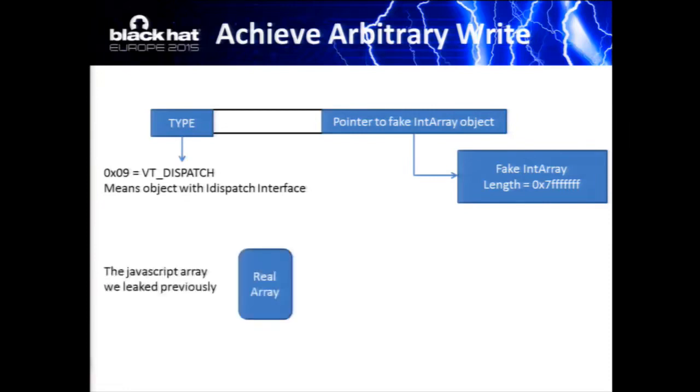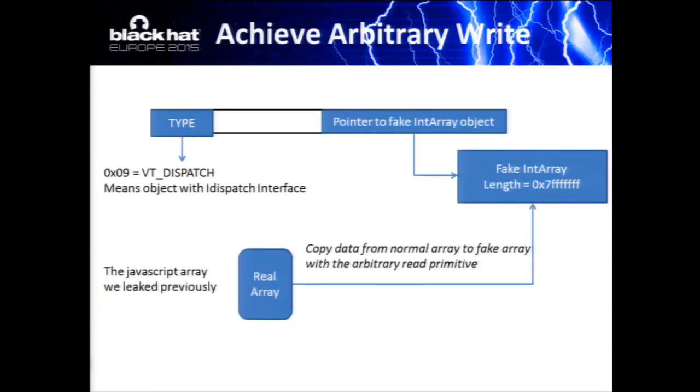Next, we create a normal JavaScript int array, and then copy the content from this normal JavaScript array object to our fake JavaScript int array object.